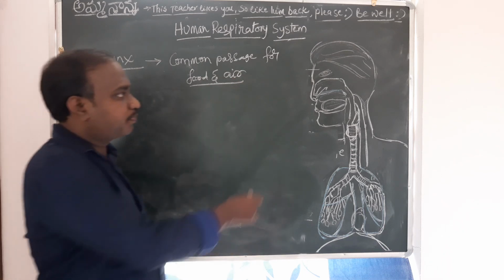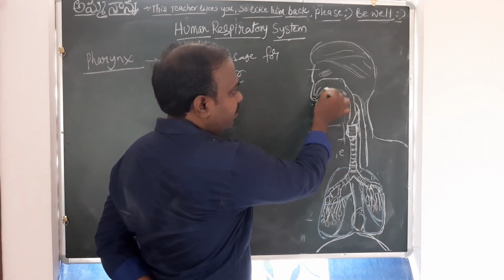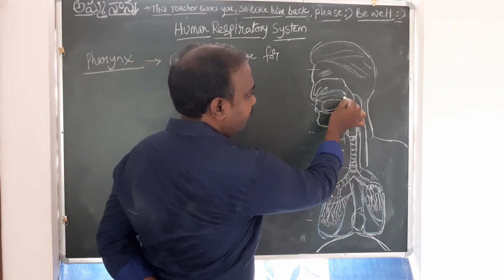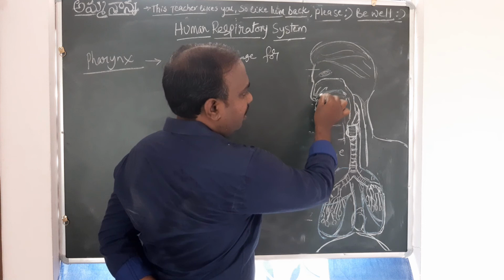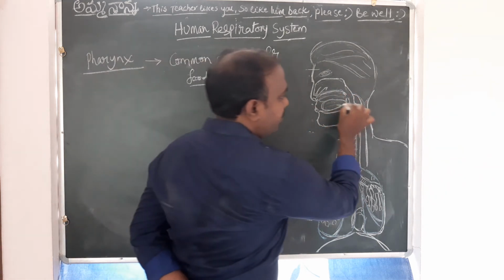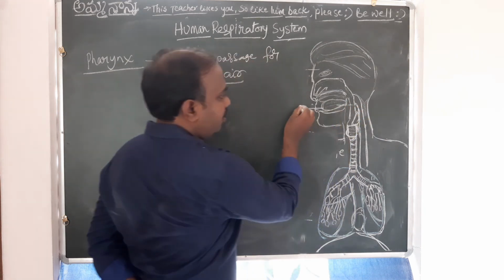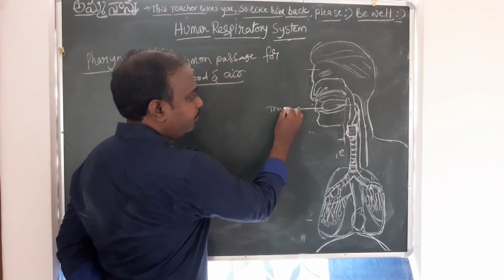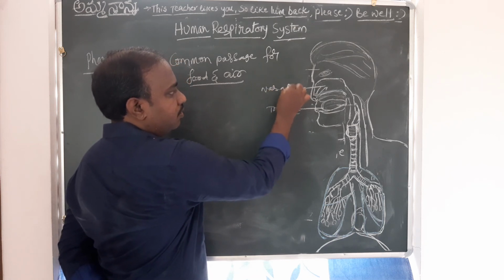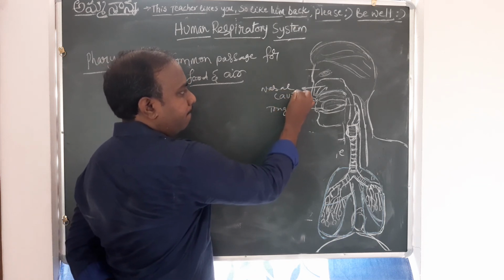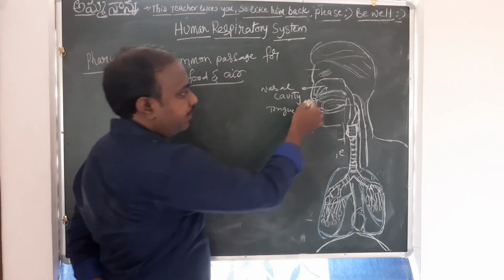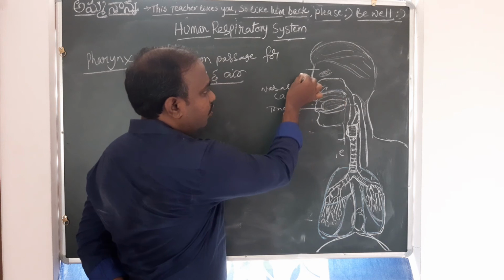If you see here, we have this nasal cavity and we have this oral cavity. This is your tongue. This is the nasal cavity, and what you are seeing here is the palate.